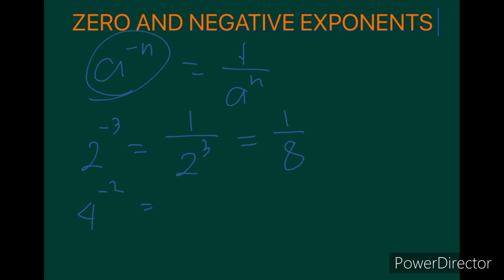Get the reciprocal, then 1, and copy the base. Your negative 2 exponent will become positive 2. So we have 1 over 4 squared, which is equal to 1 over 16. Those are the examples of negative exponent.